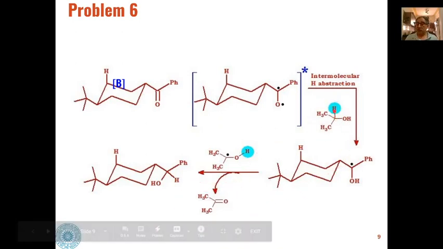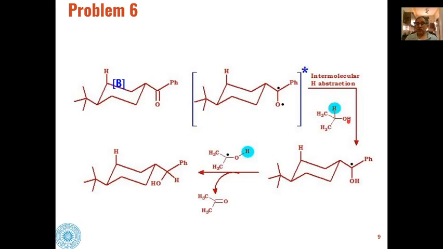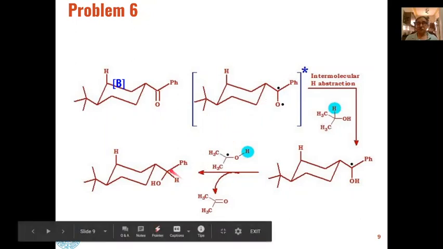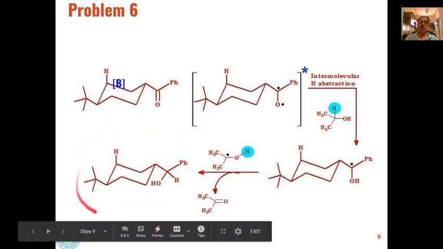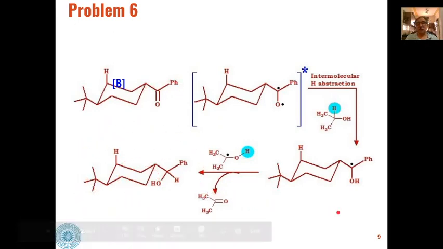So one hydrogen from here, one hydrogen from here, they are shifted to these two places. Oxygen will become OH, this CH free radical will become this one. So this will be the product. So you can see that by changing the position of this group, the product formed is different in this case.